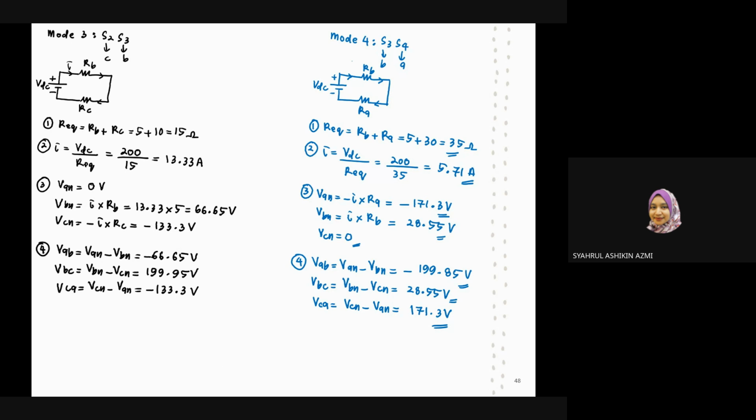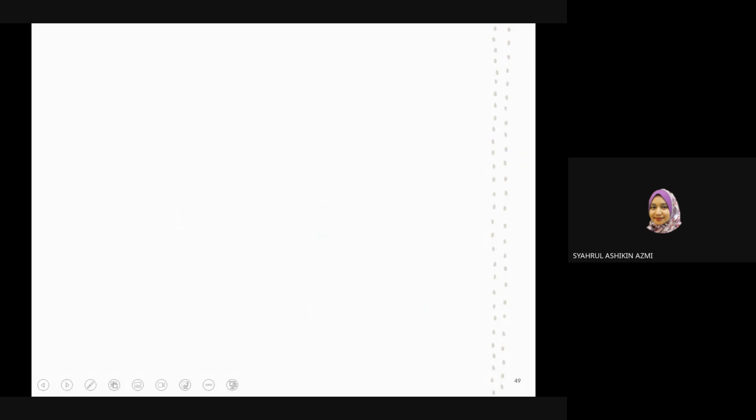So basically I will follow the steps, and you complete mode number 5 and mode number 6. Once you have completed all the modes, don't forget to sketch the waveform. I will leave mode number 5 and mode number 6 for you to fill in the blanks.